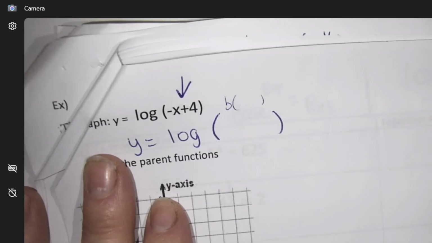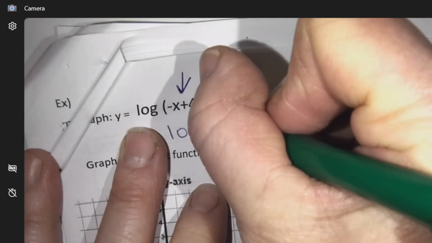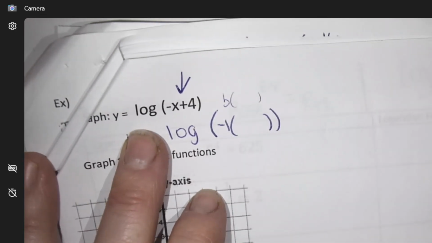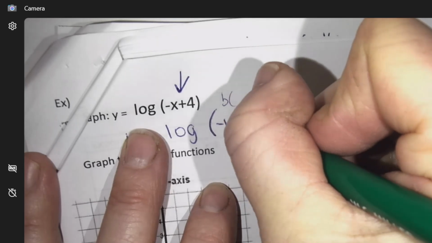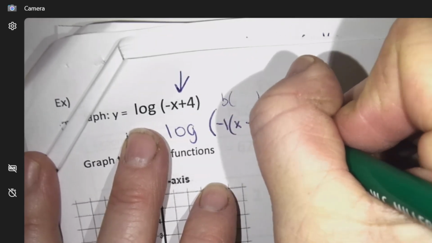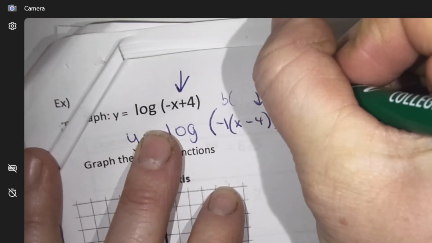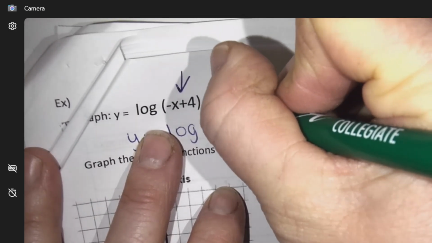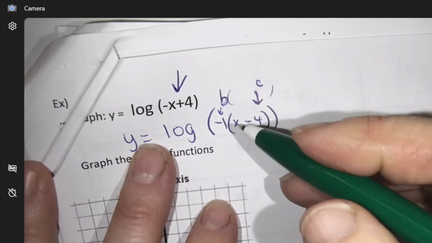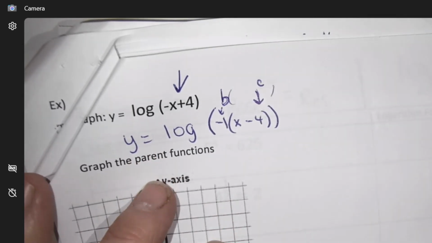I caught half of you on the last test forgetting to factor out a B. So negative 1 is out. So this would be a x, and then this would be a minus 4. So there you have your B and your C.